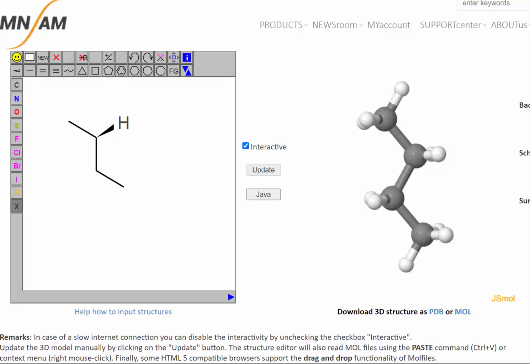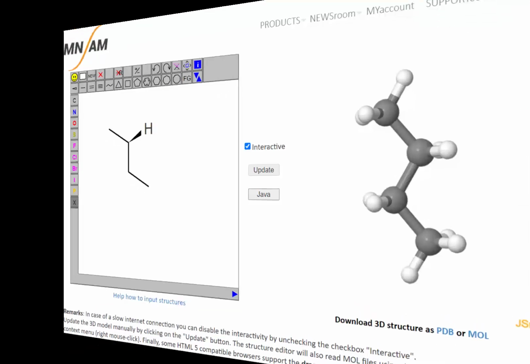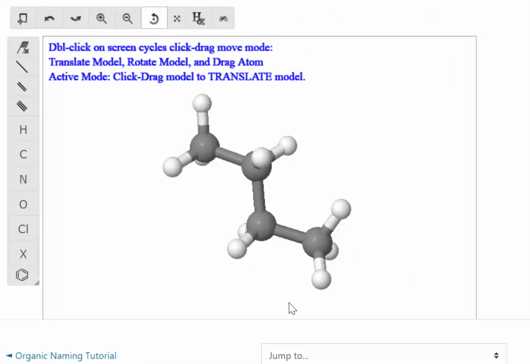But there is still more to the zigzag representation than being consistent with the carbon's tetrahedral geometry. We will go to a different molecular visualization tool to explore this next point. Once again, here is the ball and stick model for butane.